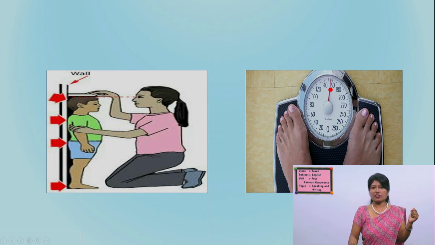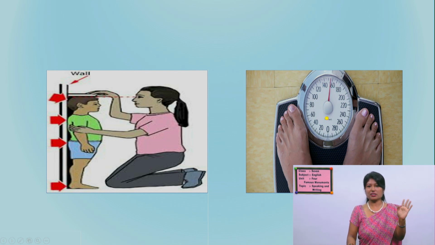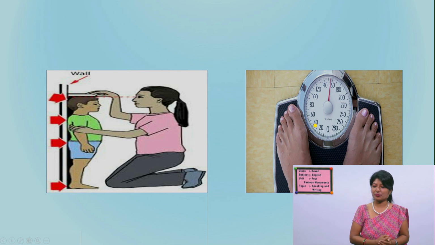So a certain interval is given there. It has not touched 160, it is below that, right? So this shows the weight of a person on this scale. We stand on it and the scale shows our weight. In this way we can measure our weight.